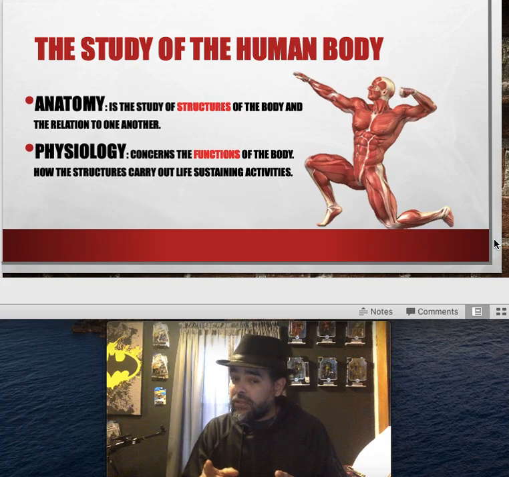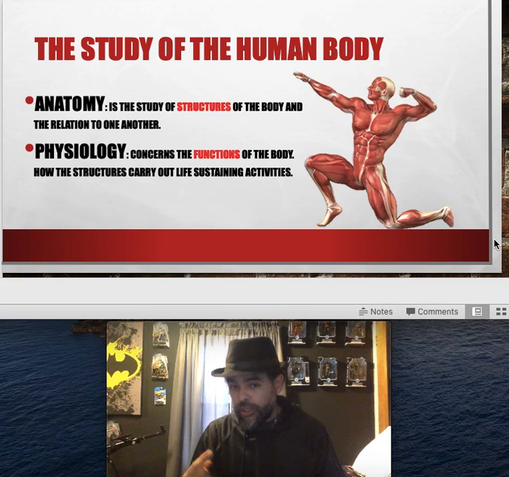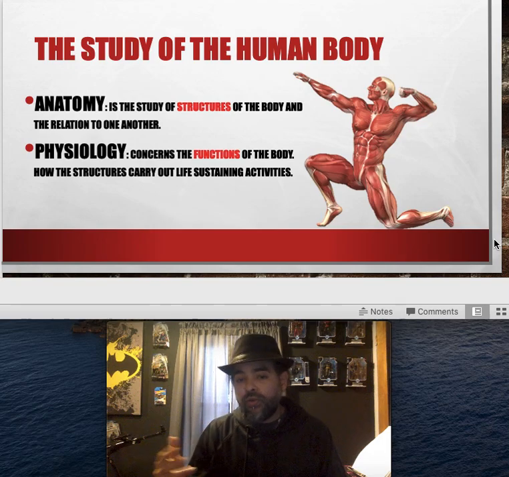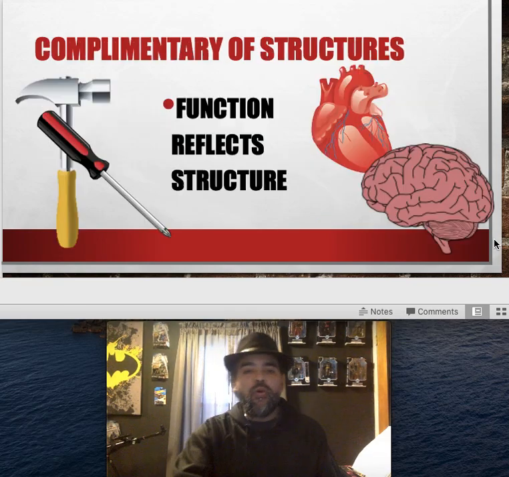So by combining the two terms together, anatomy and physiology, we're having an overview look at the structures or the organs of the body, and how they are important with other organs of the body. And we're also going to learn how it is that they're able to perform that function to keep us alive, very importantly.